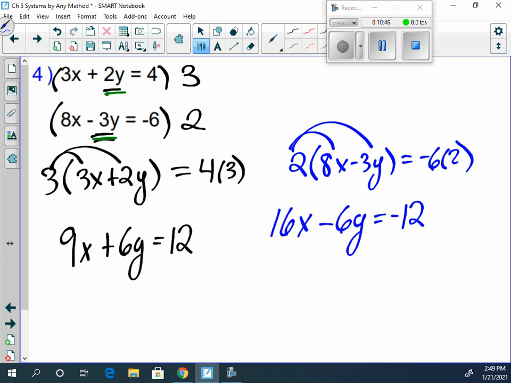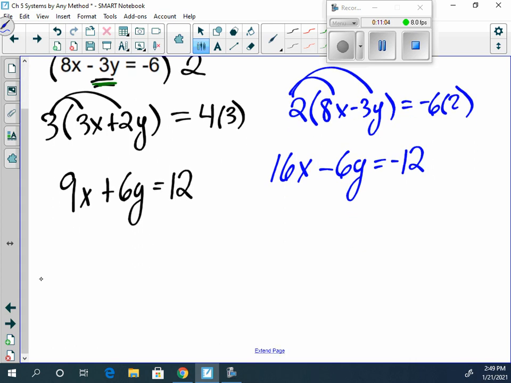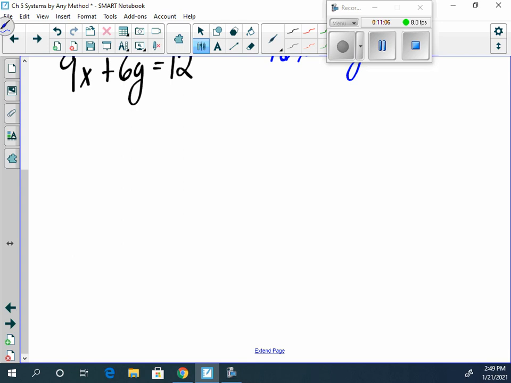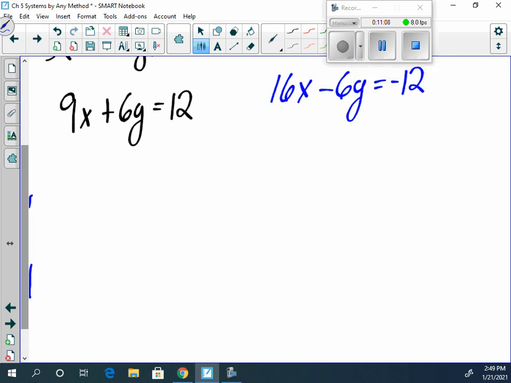And negative 6 times 2 will be negative 12. We have a variable in both equations that's the same. We have 6y and negative 6y, don't we? And that's kind of the goal with elimination. We want one of the variables to have the same number in front of it. Any questions on any of this here? Any questions on how we got to this point?